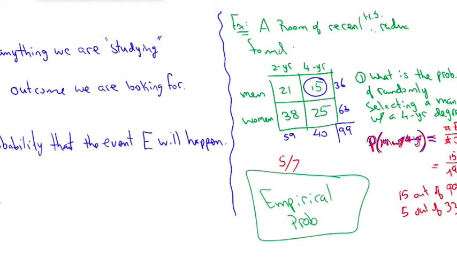All right, while we're on that table, let's do all of them. It's really the same question, the same box as that one, the men and the women, the 2-year and the 4-year degree.